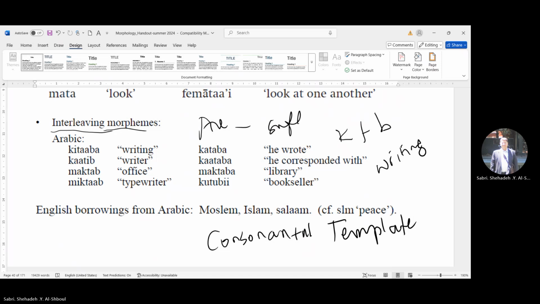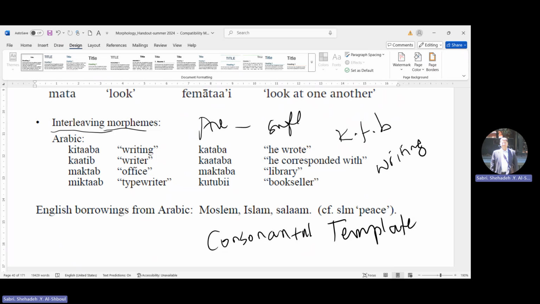So, for ka, ta, ba, we have kitaba, writing; katib, writer; maktab, office; miktab, typewriter; kataba, he wrote; kataba, he corresponded with; maktaba, library; and kutubi, which is book seller.